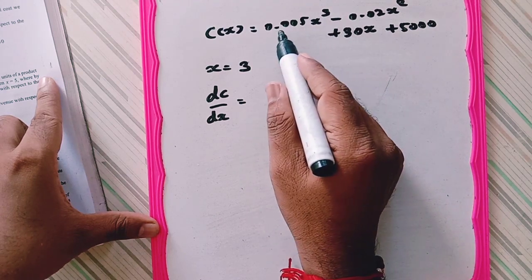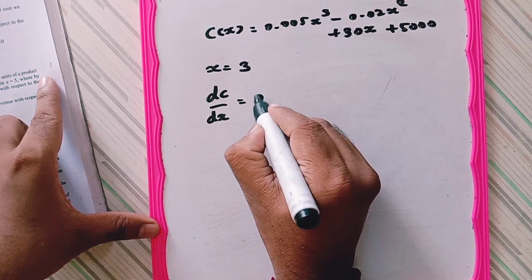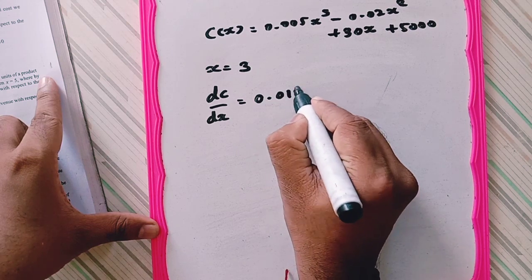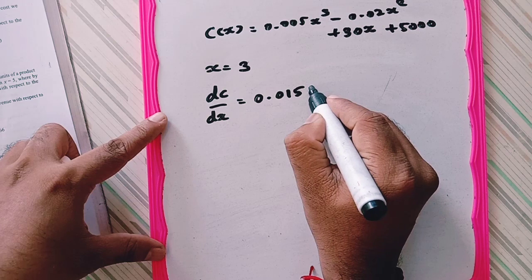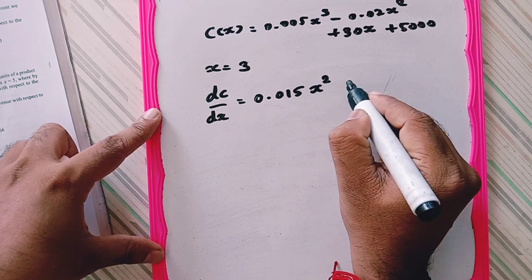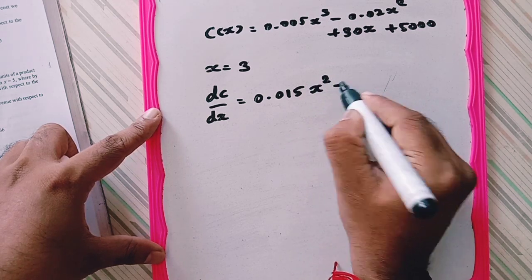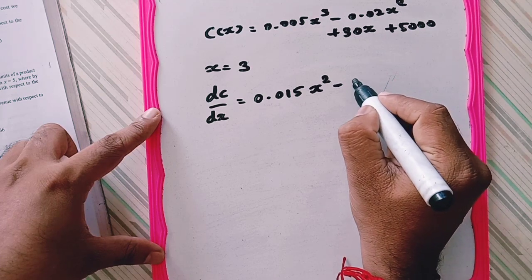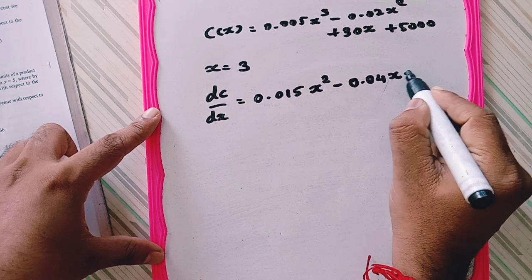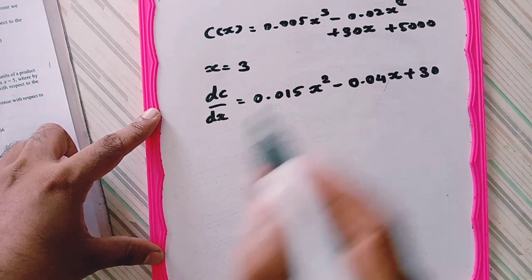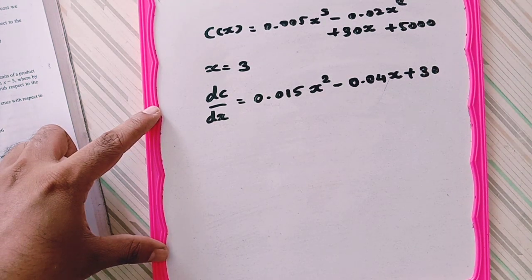So 3 into 0.005 it will be 0.015 x square, minus 2 into 0.02 it will be 0.04 x, plus 30, and the differentiation of 5000 is 0.